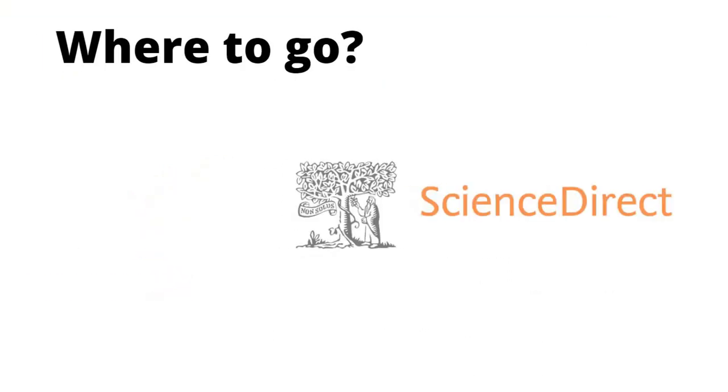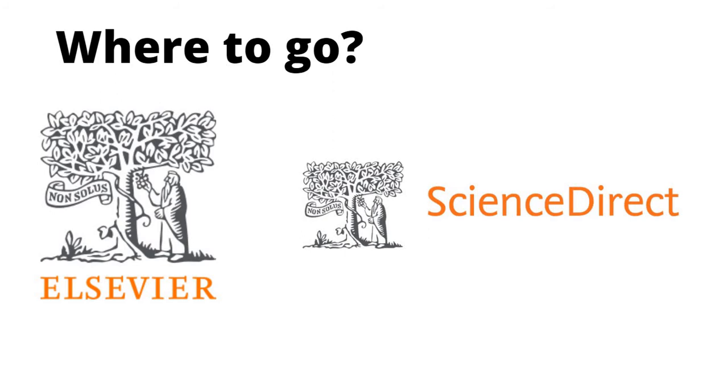Okay, where to go? There are a wide range of areas where you can go which have verified researches that have been reviewed by the people in the same discipline. Okay, peer reviewed. We have Elsevier, Science Direct.